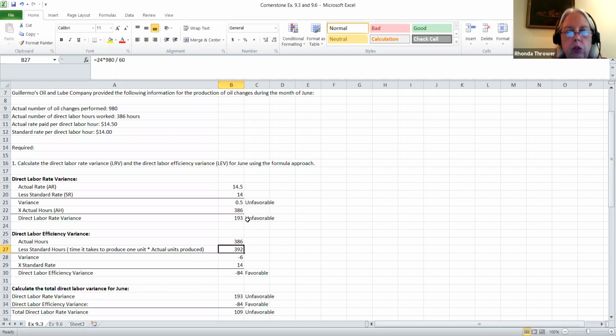But we're going to add our rate variance and our time variance together. And that's going to determine our total direct labor variances for June, which is $109 that is unfavorable, simply because our unfavorable was more than our favorable variance.